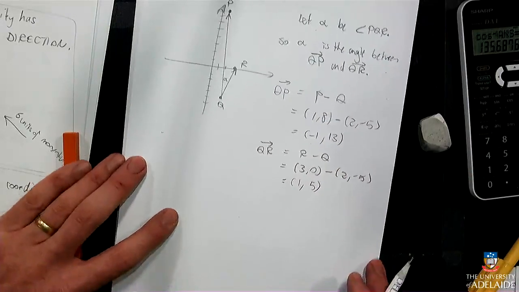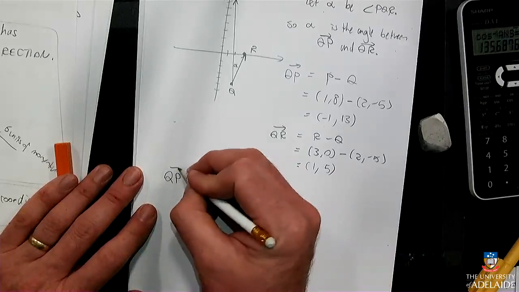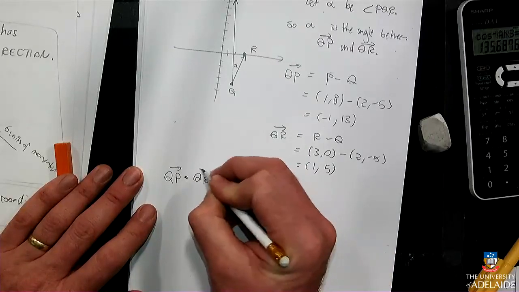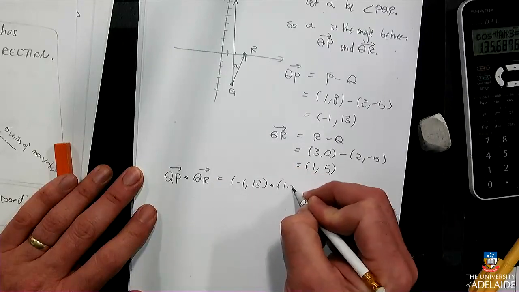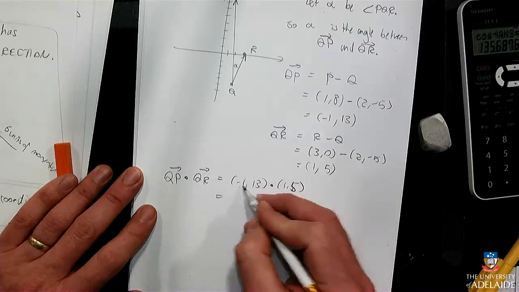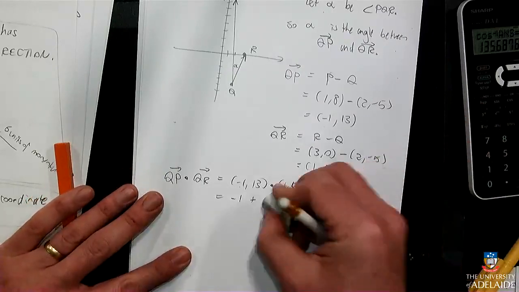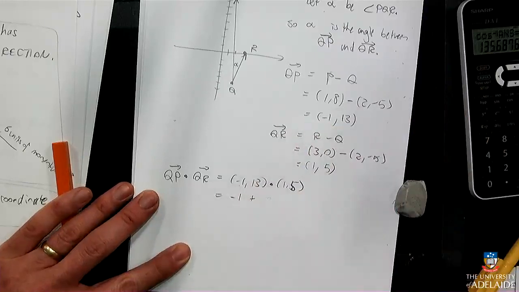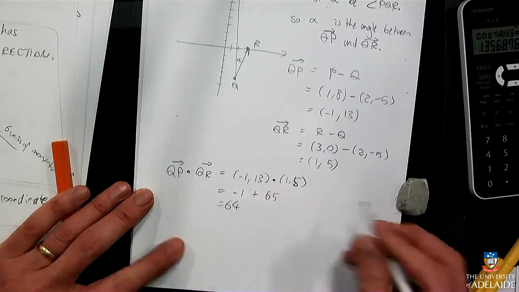Beautiful. So I'm going to need the dot product of these and their lengths. QP dot QR is (-1, 13) dot (1, 5). So I'll get minus 1 times 1, which is minus 1, plus 13 times 5. 13 times 4 is 52, so 65. Minus 1 makes 64.